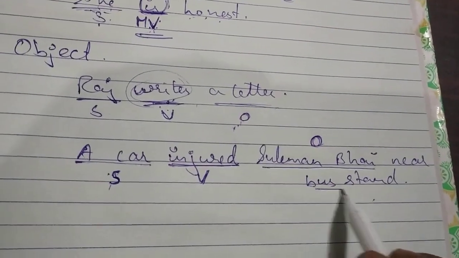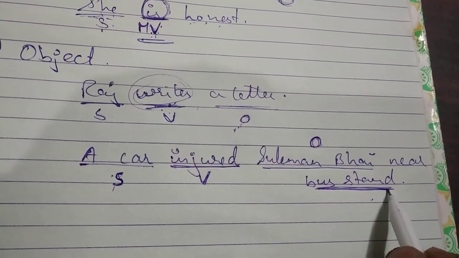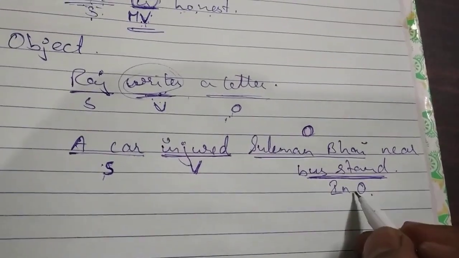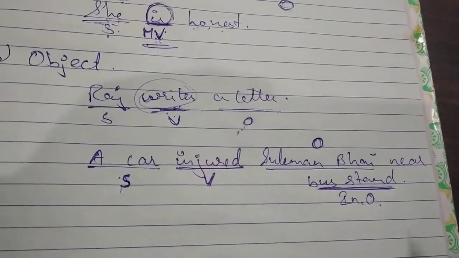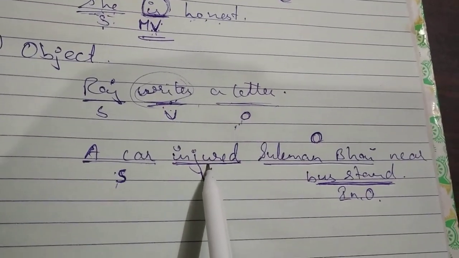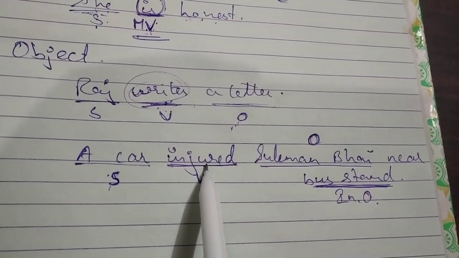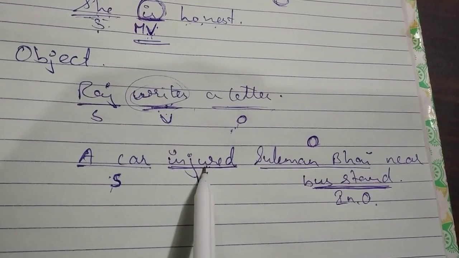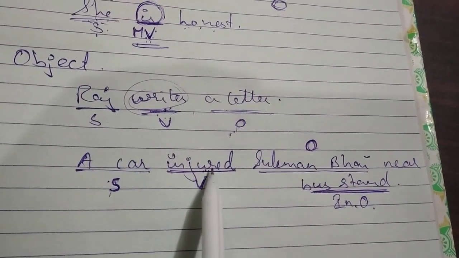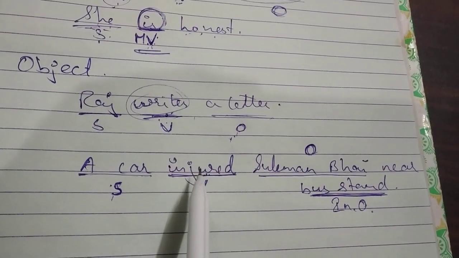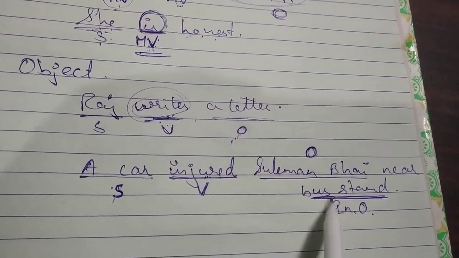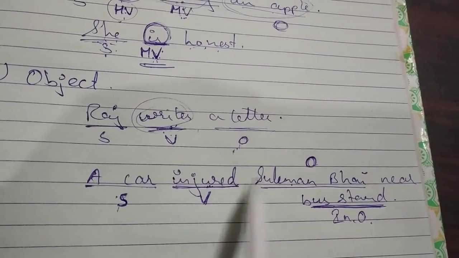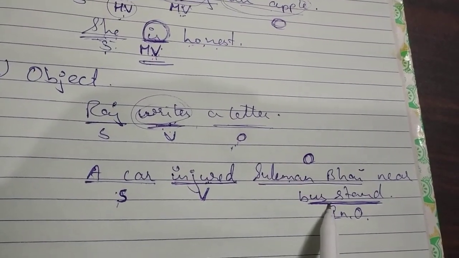Clear? Now see one more is there. Bus stand. One more noun is there. So what bus stand becomes? Indirect object. Okay? Clear? एक्शन का जिसके ऊपर डायरेक्ट इम्पैक्ट पड़ रहा है, इंजरी का डायरेक्ट इम्पैक्ट किसके ऊपर पड़ रहा है? इंजरी इज डायरेक्टली कनेक्टेड टू व्हाट? सुलेमान भाई और बस स्टैंड. सो इट इज डायरेक्टली कनेक्टेड टू सुलेमान भाई. अंडरस्टूड? डायरेक्ट इफेक्ट इज ऑन सुलेमान भाई, indirect effect is on bus stand.